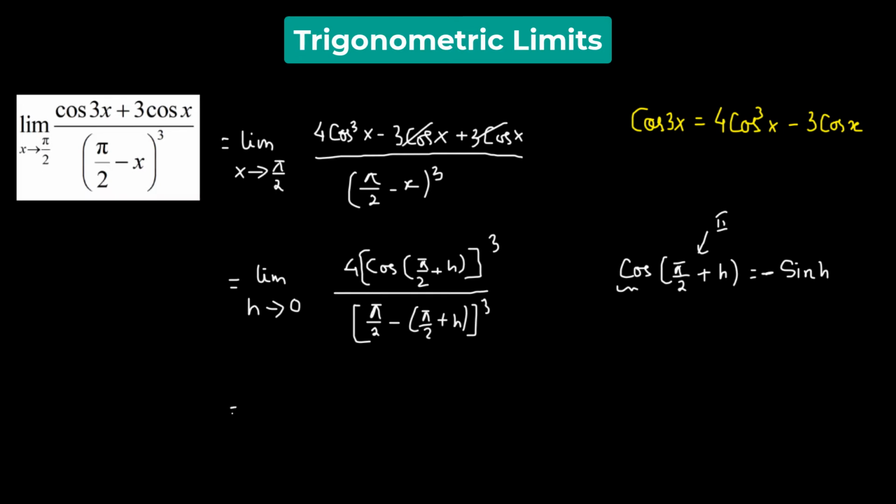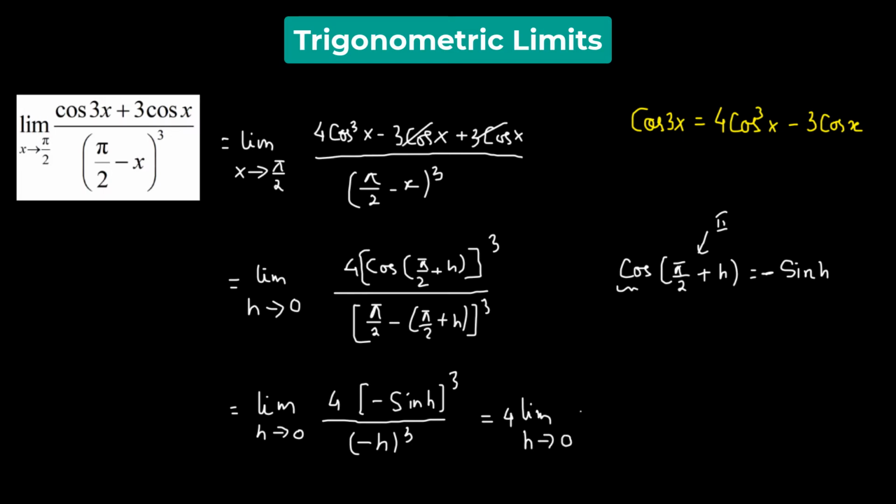So we have limit h approaching 0, 4 times (negative sine of h) whole cube divided by, so the pi over 2 and negative pi over 2 will get cancelled. So we have (negative h) whole cube in the denominator. This will be equal to limit, so 4 can be taken out, h approaching 0, (negative sine h) whole cube.